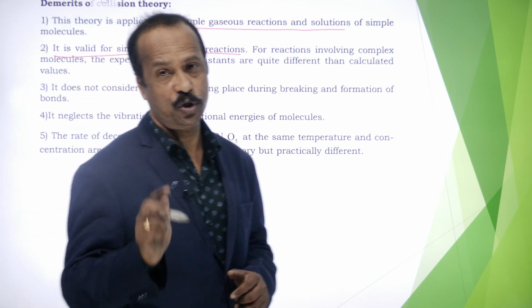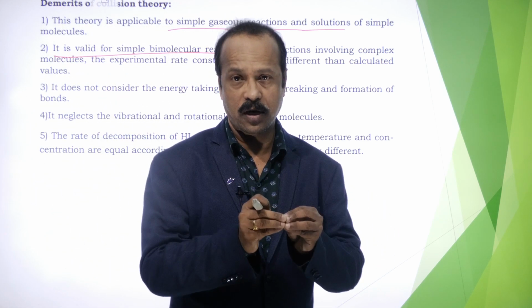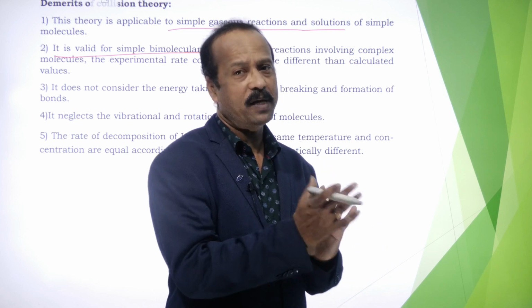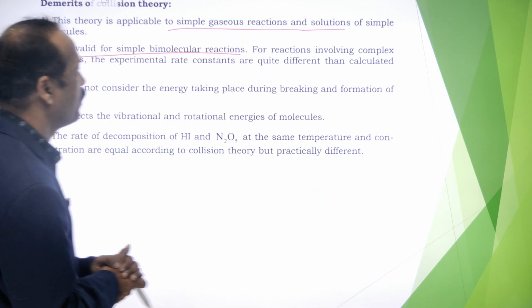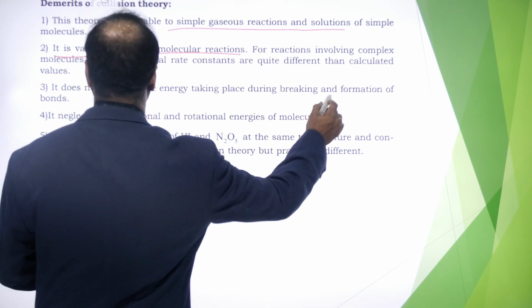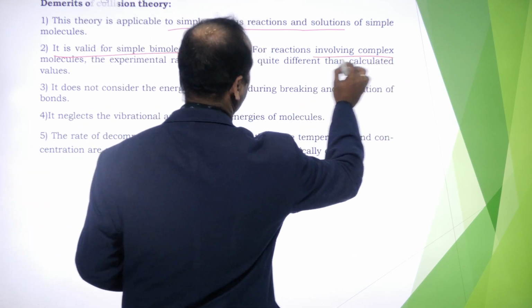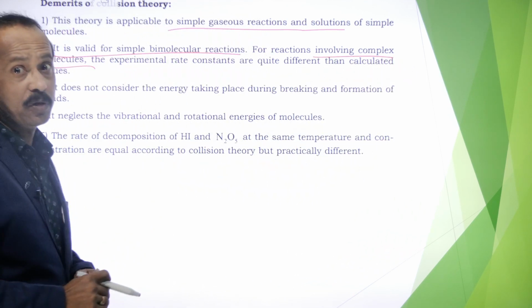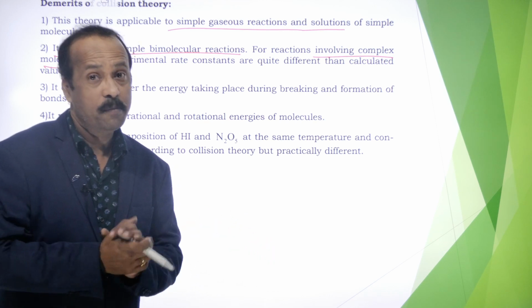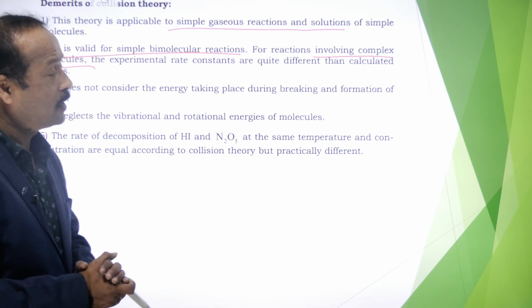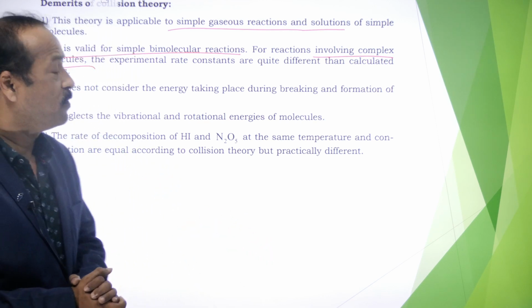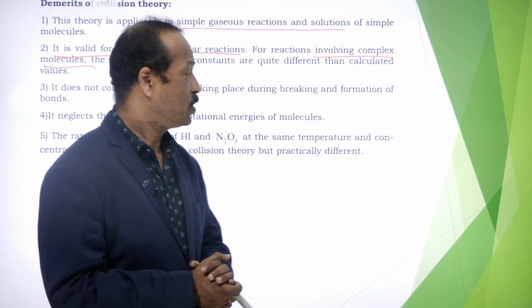Bimolecular, bi means two, when two molecules combine to form the product. So it is mainly applicable for bimolecular reactions, and it does not give the exact value for complex molecules. Complex means many molecules are involved, then it will not give a perfect calculation.